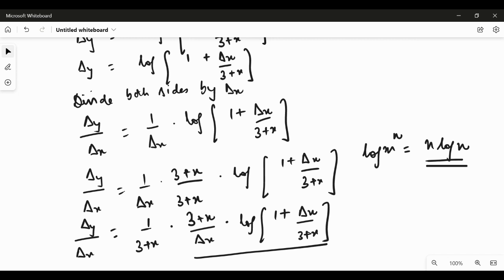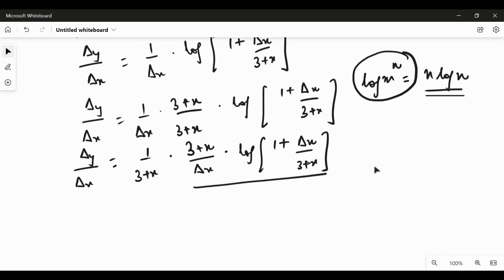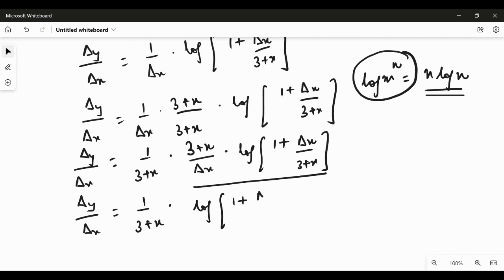So the solution is given in this form. I will take this form, okay? I will convert it into log of m power n. So I will get delta y by delta x is equal to 1 upon 3 plus x into log of (1 plus delta x upon 3 plus x) power (3 plus x) divided by delta x.